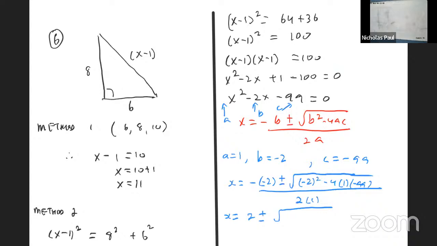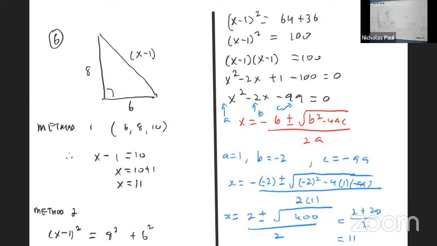What's 99 by 4 plus 4? Oh, you're adding the 4. 400. 400 over 2. So when you work this out, you'll get 2 plus the square root of 400, which is 20, all over 2, which is 11.